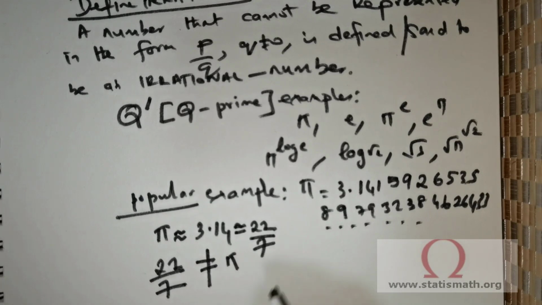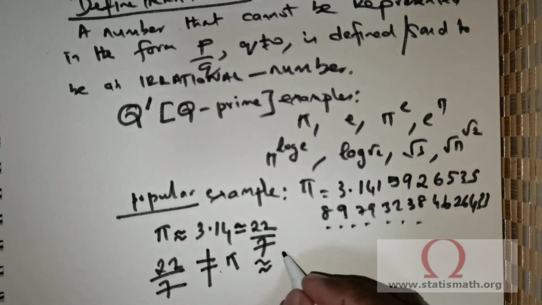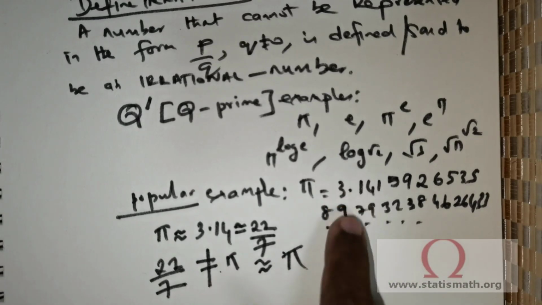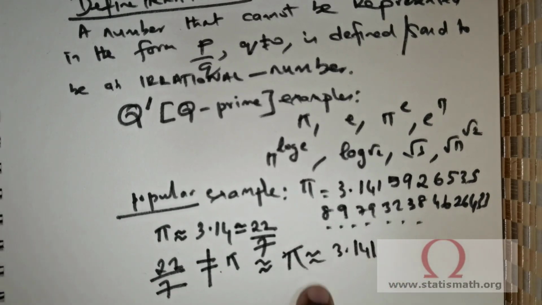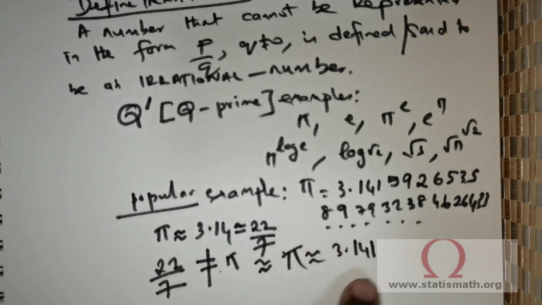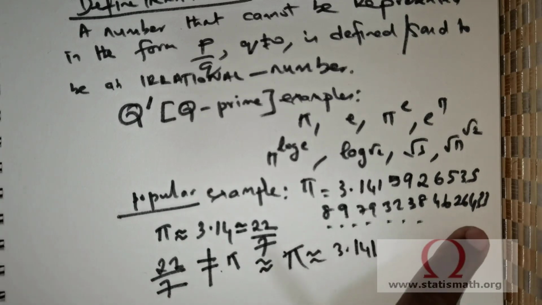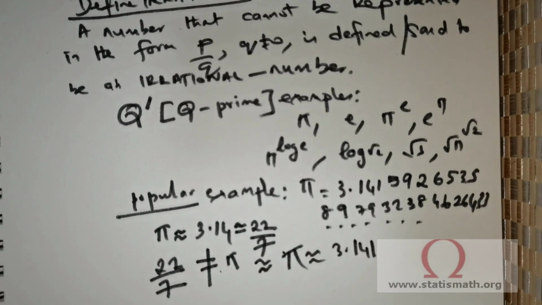It's not equal to pi, but it is approximately equal to pi, approximately 3.141. You cannot even say pi is equal to 3.14, because the digits keep going on. You follow me? That is why this is the most famous irrational number.